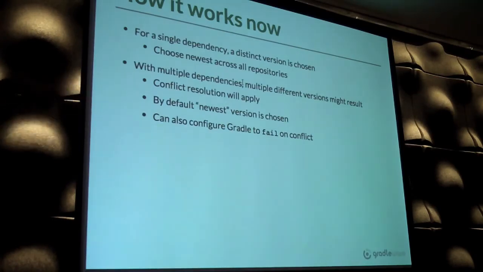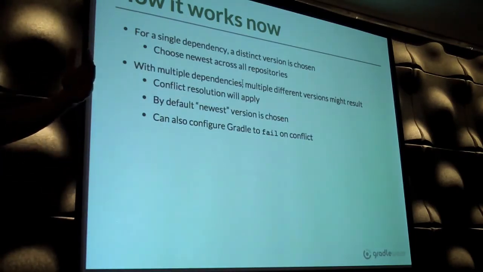By default, the newest is chosen, but you can also configure Gradle to fail. It's always possible to go further upstream to affect this so it doesn't happen, using forced versions or dependency resolve rules, which I had to skip over. You can use that to avoid getting conflicts.